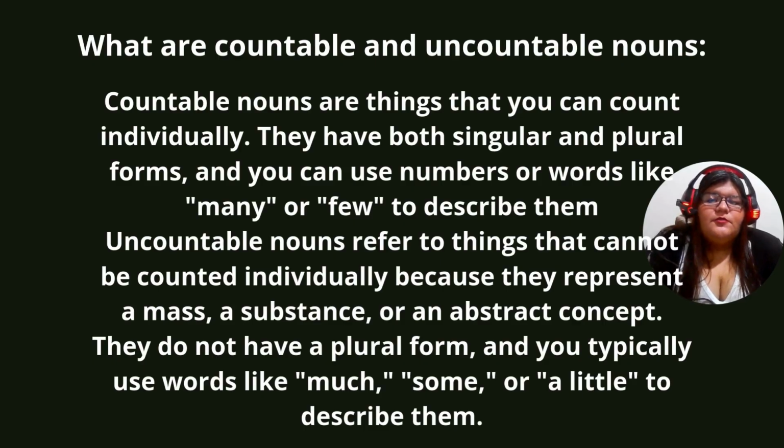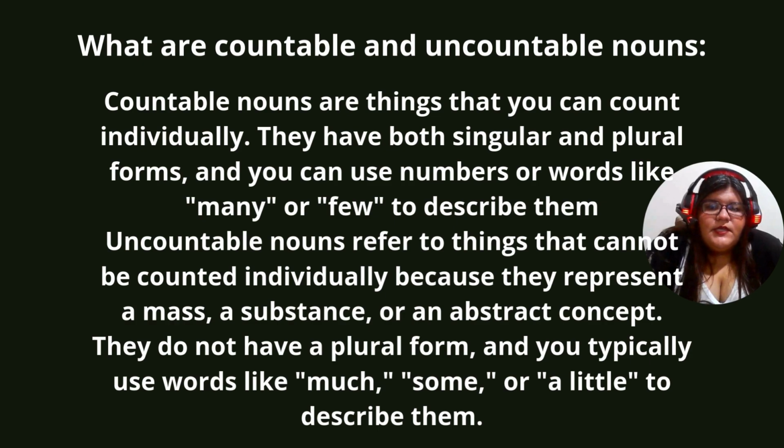So you must be wondering, what are countable and uncountable nouns? And the answer is simple. Countable nouns are things that you can count individually. They have both singular and plural forms, and you can use numbers or words like many or few to describe them.